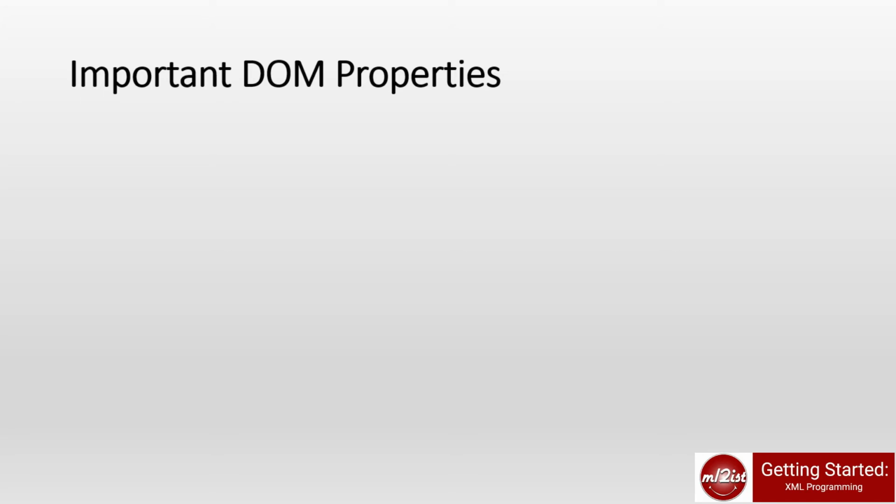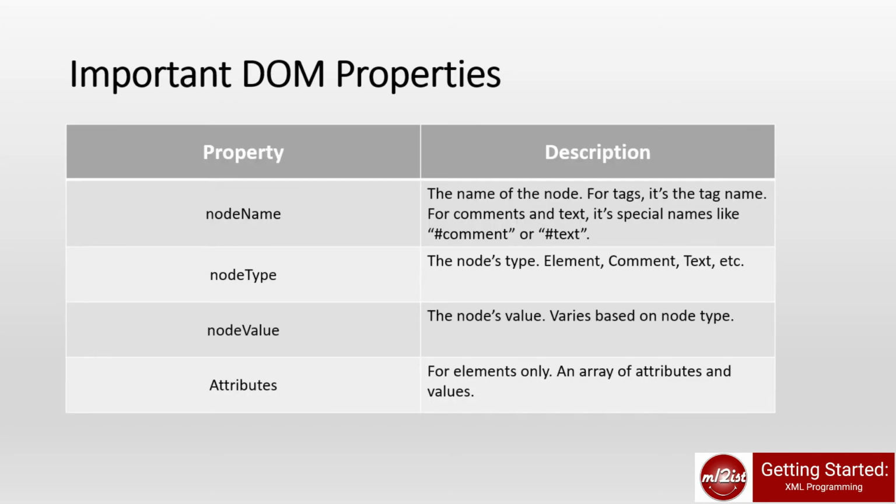All right, let's talk about some important DOM properties that you'll come across when using the functions. The first four provide information about any given node. So for example, the nodeName property is the name of the node. Now for a tag, it's going to be the tag name. For things like comments and text nodes, it's going to be a special string like #comment or #text. The nodeType property is the node's type.